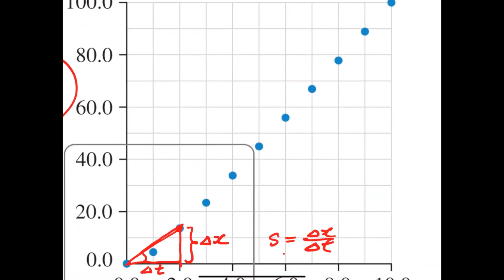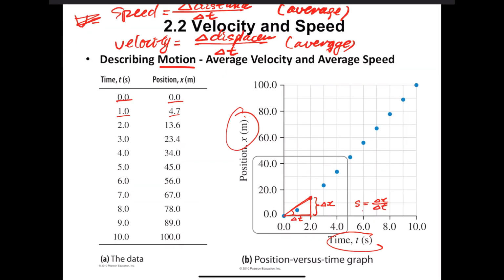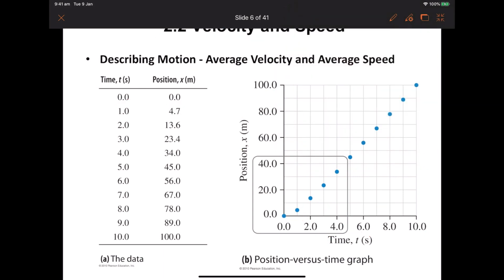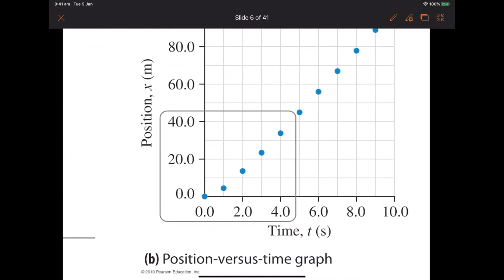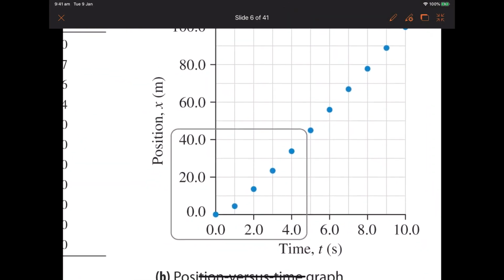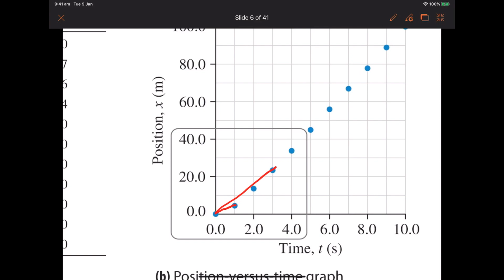Now can you see, if you take the average from here to here, and if you take the average from here to here, can you see the difference? So the rule is, if you take an average, usually you lose information. If you just take the average from 0 to 3 seconds, you don't know that it actually came from here and picked up.